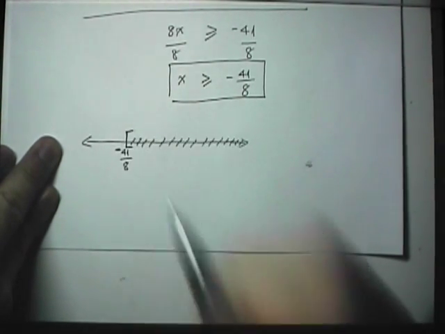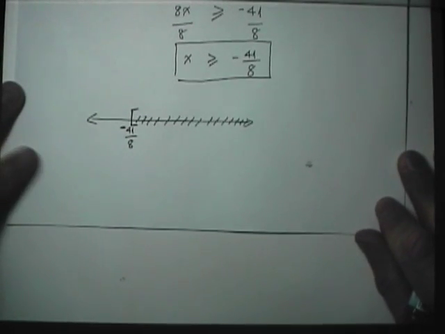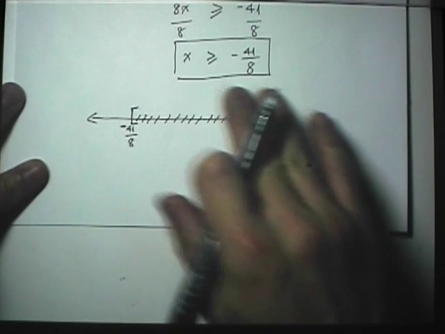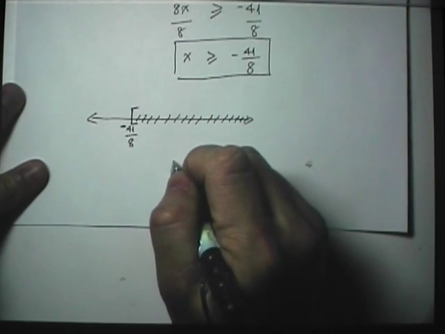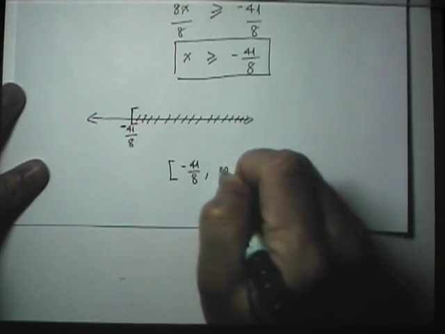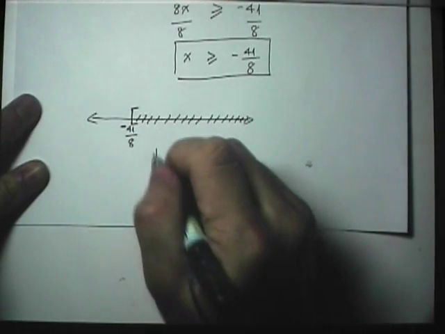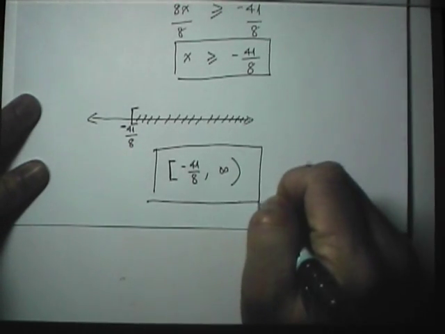So I am using a square bracket on negative 41 over 8. Finally, the last step is to re-express the solution in interval notation: negative 41 over 8, comma, positive infinity, with a bracket on the left side and a parenthesis on the right side. That's how we finish this.